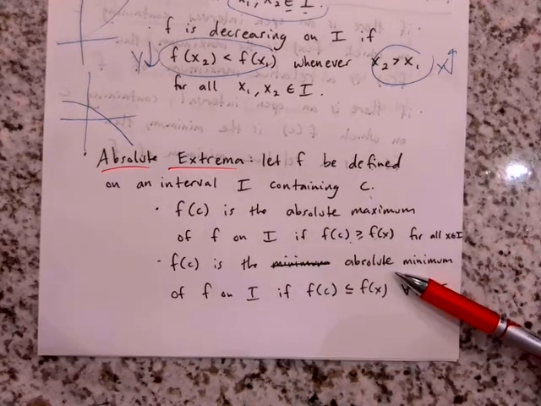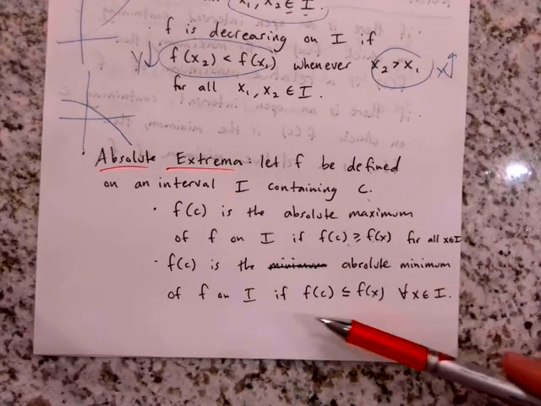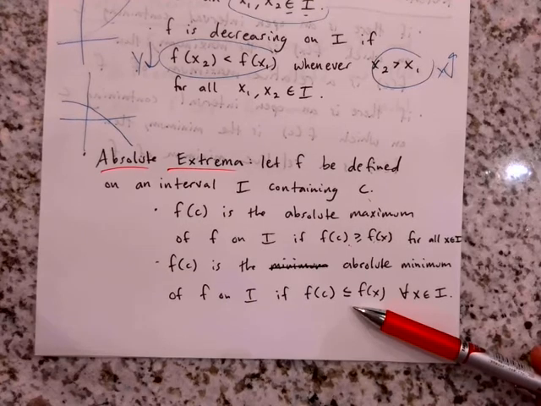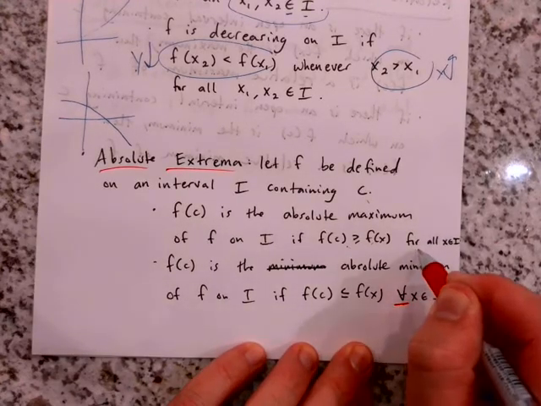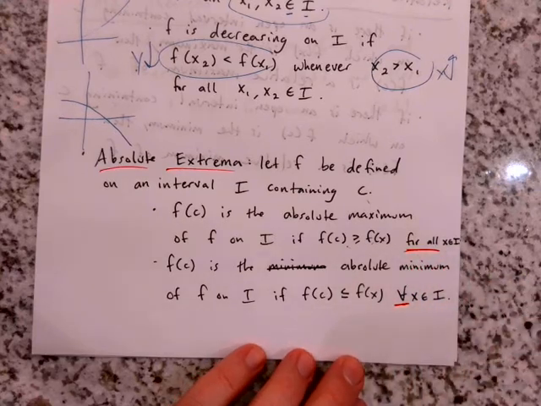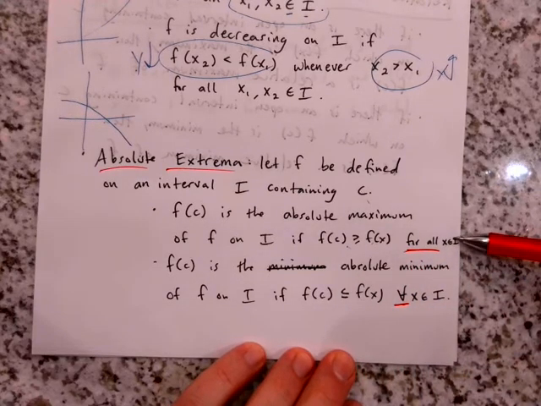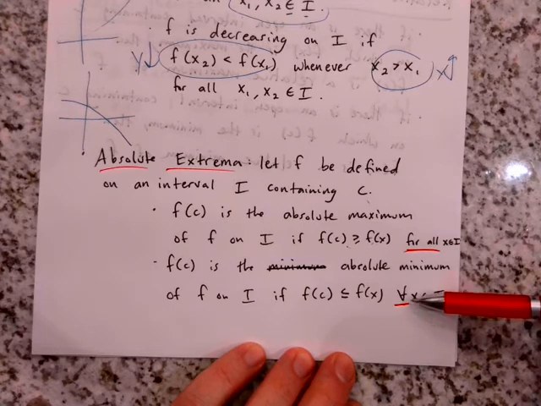And the absolute minimum is the exact same definition, it's just now f of c is the lowest point on the interval. This symbol right here, this upside down A, means for all. I kind of ran out of space when I was doing this, so I just used the shorthand for all.